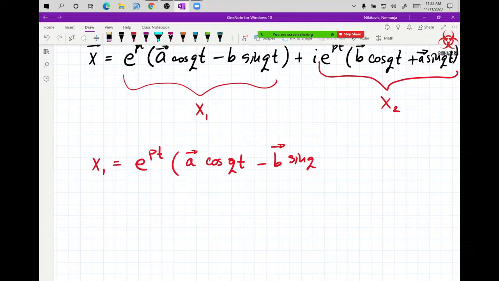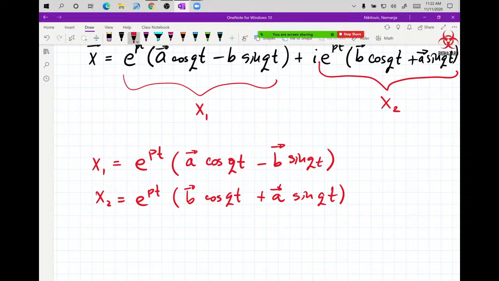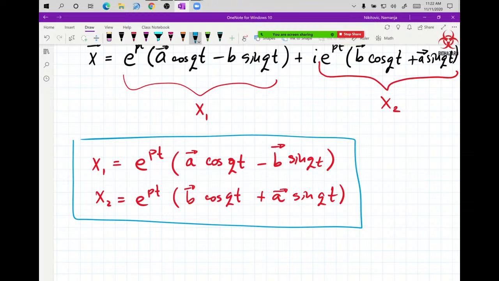And you have your x2, which is the imaginary part, which is also e to the pt, and then you have b cosine qt plus a sine qt. So you will write your solution in this form. And I'm going to put the box around this, so you can quickly find where your solutions are.